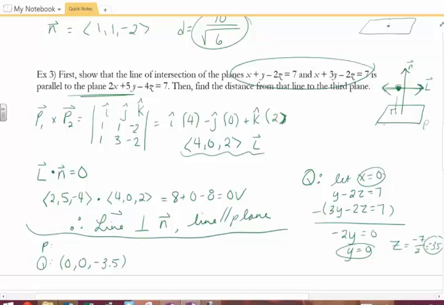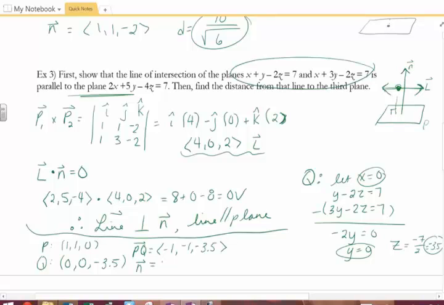Now I need a point on the plane, which is a point on this plane. I need to get 7, so I'm going to do 1, 1, 0, so that I get 7. So then vector PQ is negative 1, negative 1, negative 3.5.